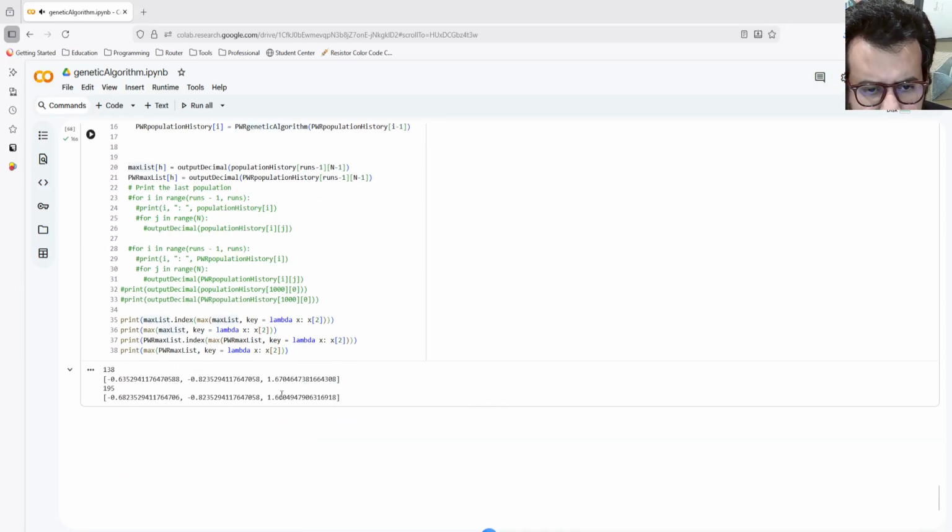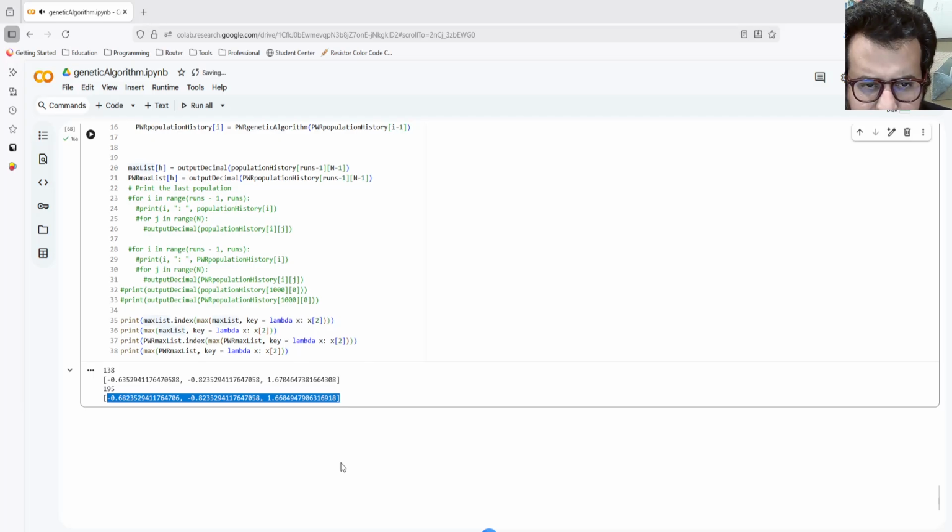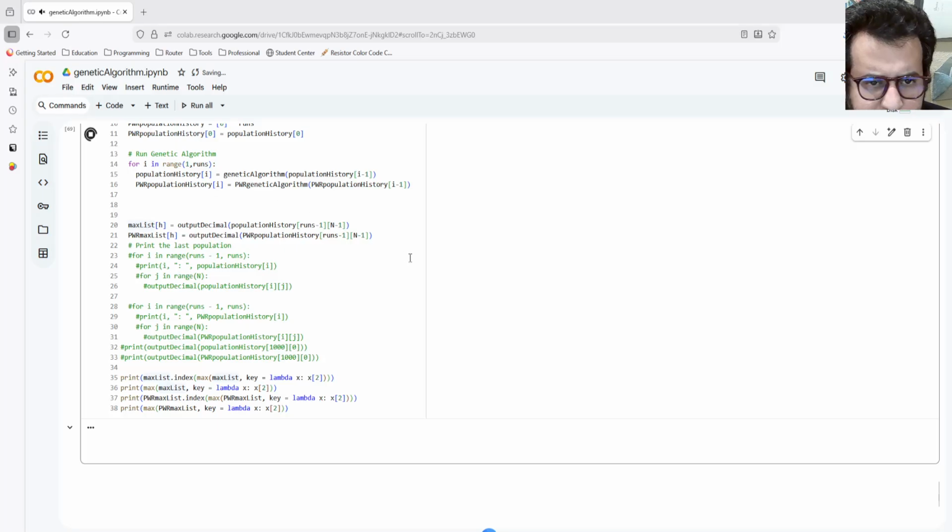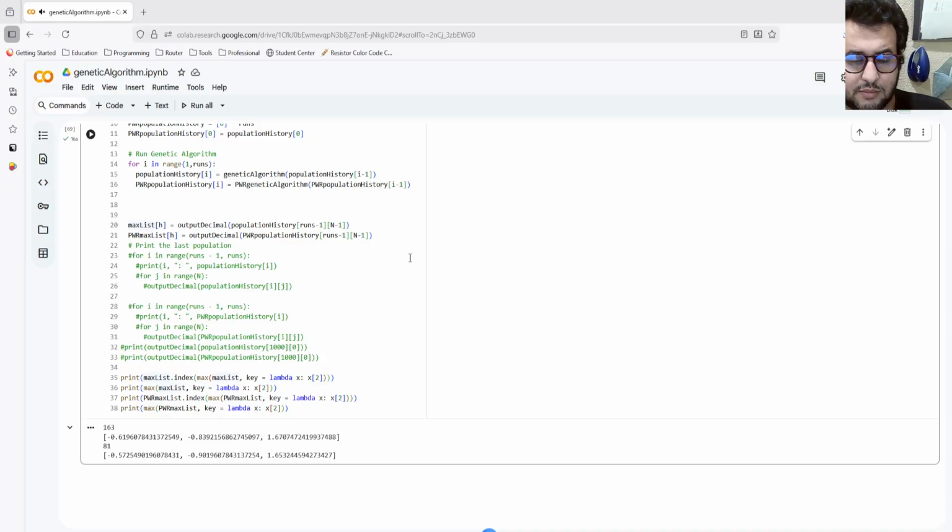And it comes pretty close. The first one is a two-parent recombination. The second is the PWR. And if I run it again, that's 16 seconds.